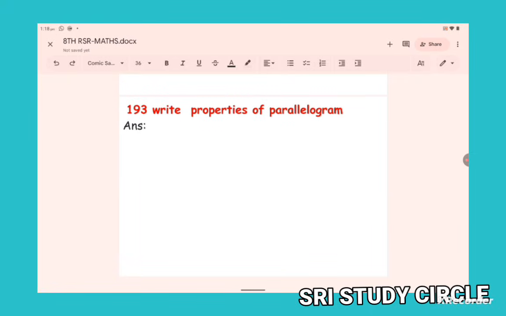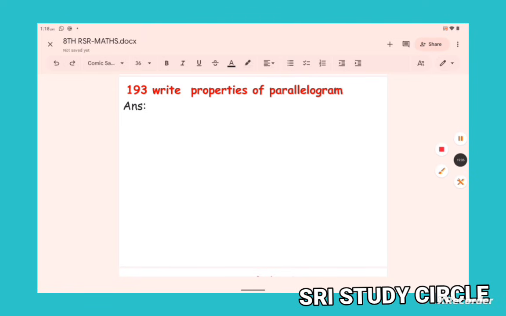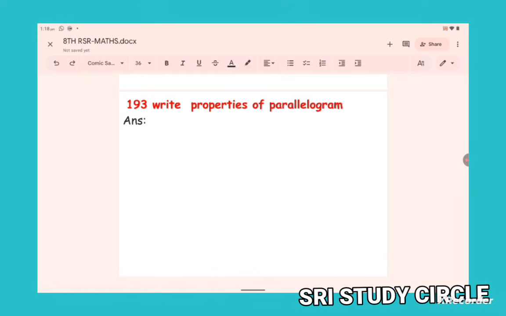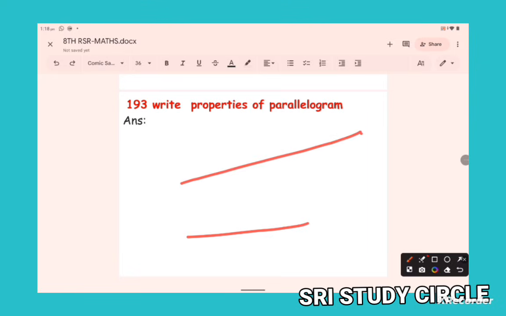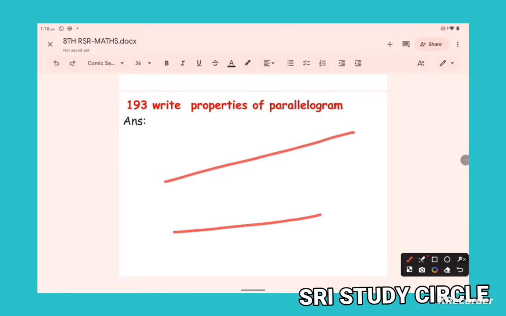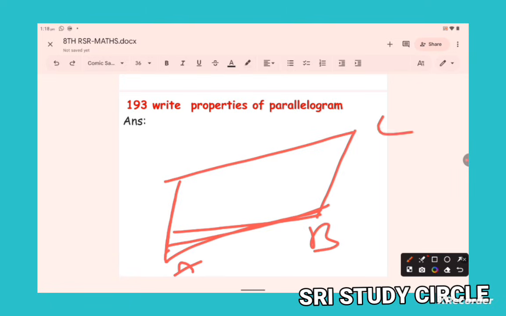Write properties of a parallelogram. ABCD is a parallelogram.